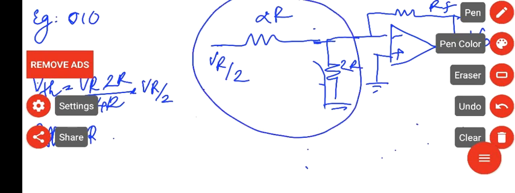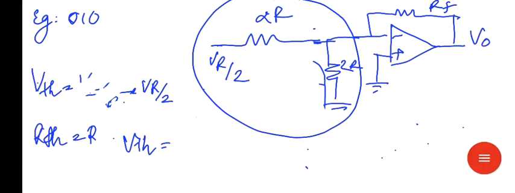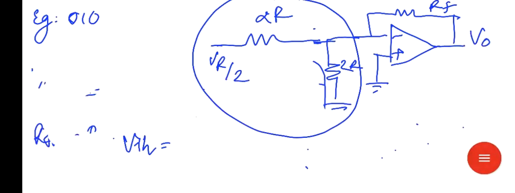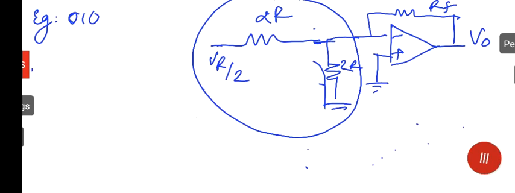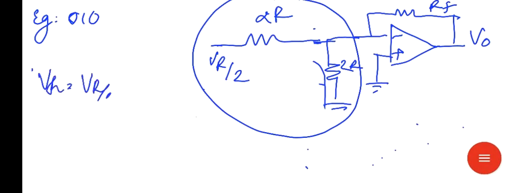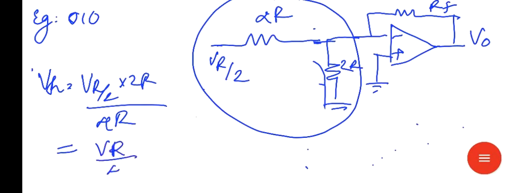And then you find out VTH. VTH is equal to VR by 2 into 2R divided by 2R plus 2R, 4R. That is equal to VR by 4.